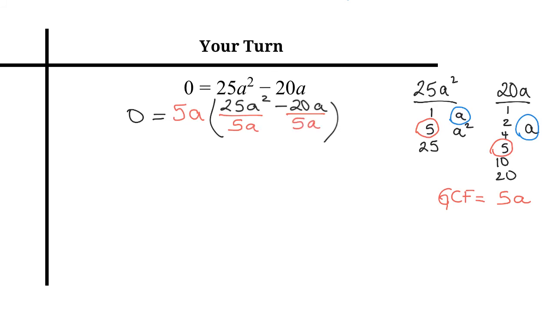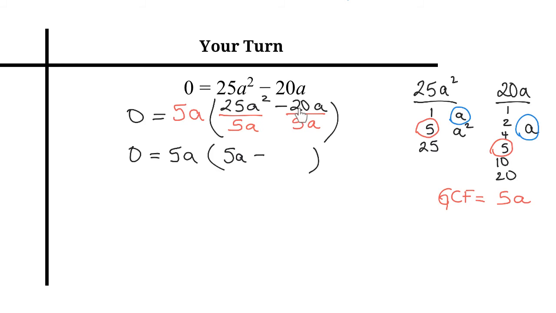So I'm going to go ahead and recopy 0 equals 5a. Then inside the bracket, I'm going to perform that division. We start with 25 divided by 5, which is 5. Then we've got a squared divided by a, which is a. We have a minus sign.